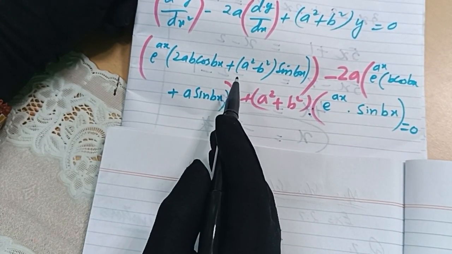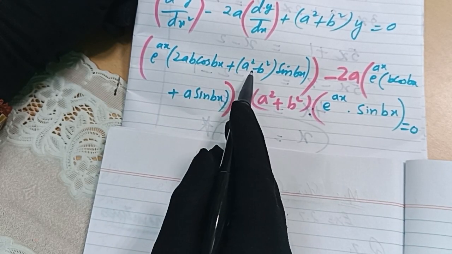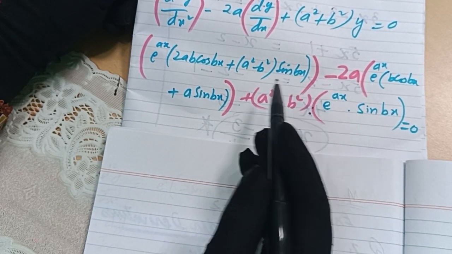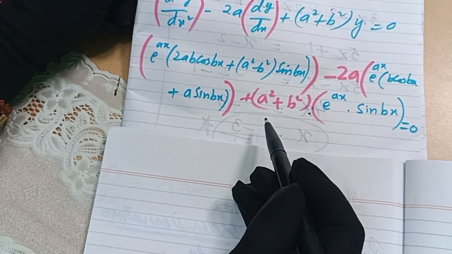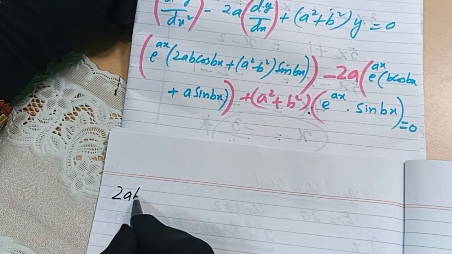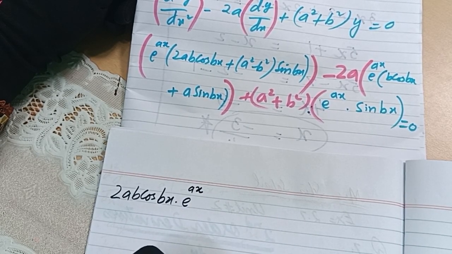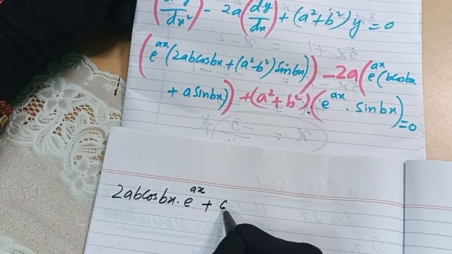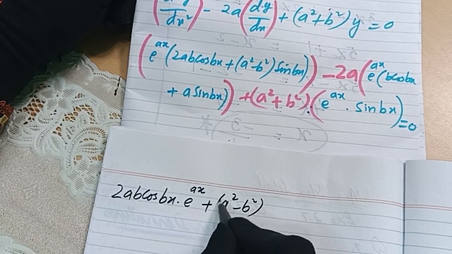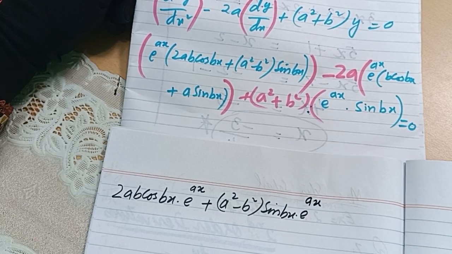We keep on multiplying the parts, e power ax with this one, then with this one. Okay, so cancellation is possible among the terms. e power ax times 2ab cos of bx, plus a square minus b square sine of bx into e power ax.